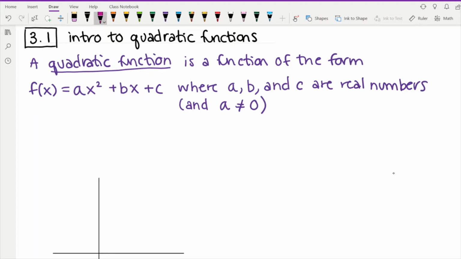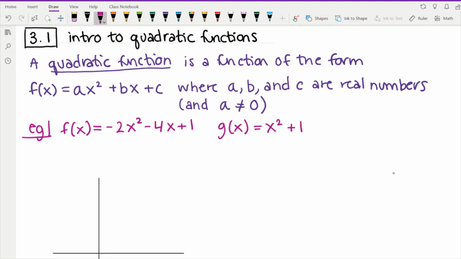So what are some examples of what quadratic functions might look like? Well, you could have one like this, f of x is equal to negative 2x squared minus 4x plus 1. That's one where you have a, b, and c, none of them are 0, right? So you have an x squared part, you have an x part, and you have just a number part. But you could also have something like this one, x squared plus 1. So notice that does not have a middle term.